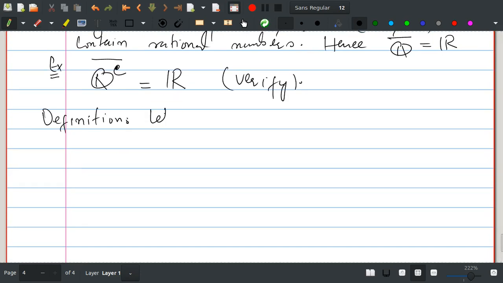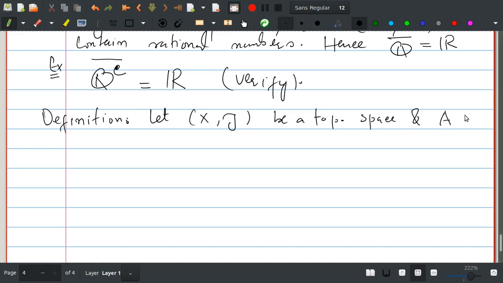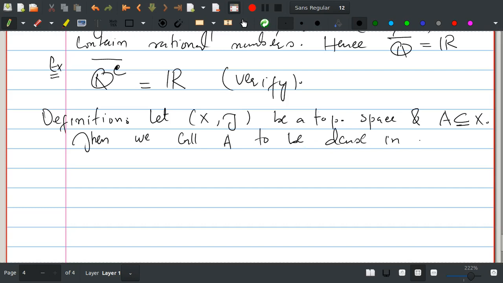So let (X, T) be a topological space and A be a subset of X. Then we call A to be dense in X, or sometimes we call A to be everywhere dense, if the closure of A is whole X.